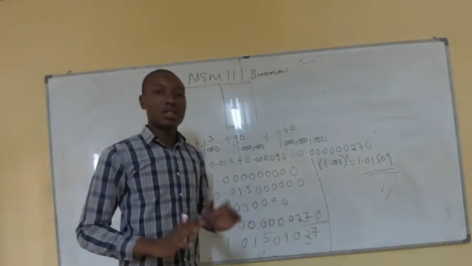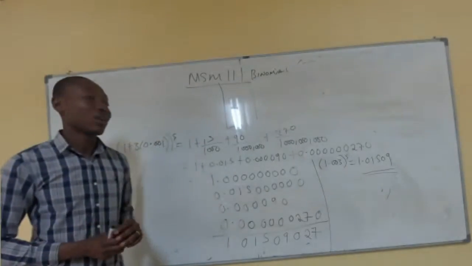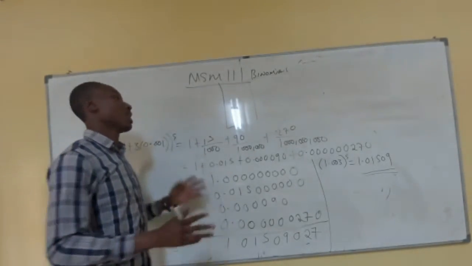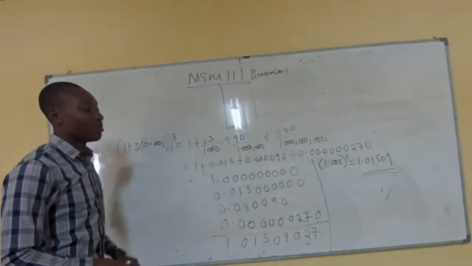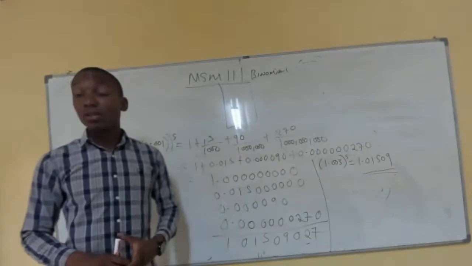Okay, so this is basically the application of the binomial expansion. So you may be asked to expand the number just like this, and this is how you're going to go about it. This is the end of the tutorial.